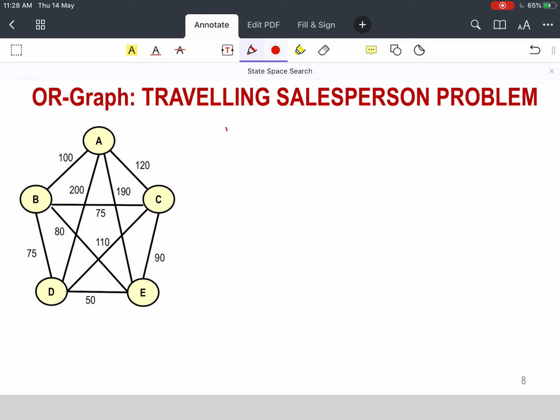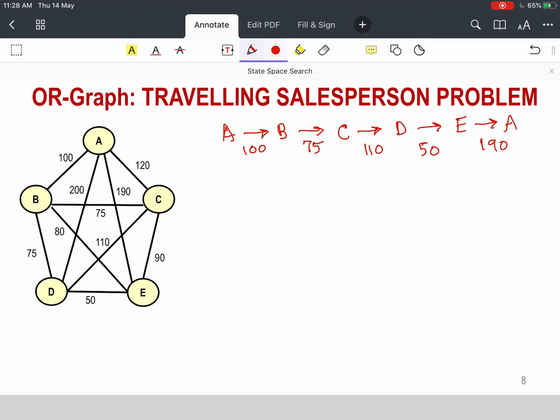Now look at the options. If we go from A to B to C to D to E and then go back to A, that is what we want to do, then my costs are 100 plus B to C is 75 plus C to D is 110 plus D to E is 50 and E to A is 190.